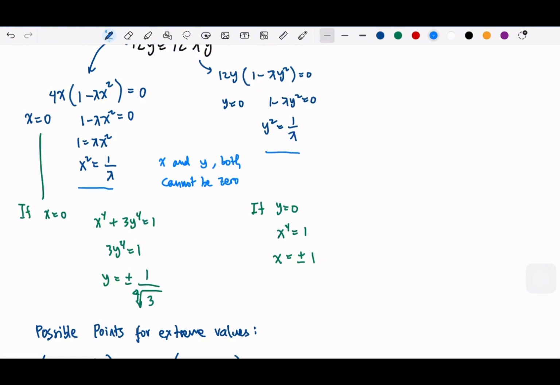That is still if x is 0 or y is 0, we have these possible points. Now if x squared is 1 over lambda, because they are equal to 1 over lambda, let me write here, x squared equals y squared equals 1 over lambda.